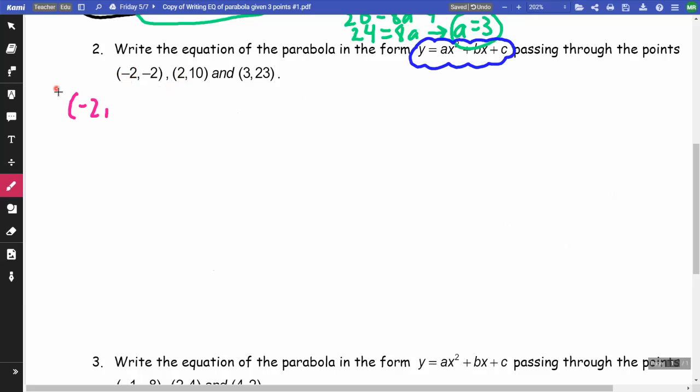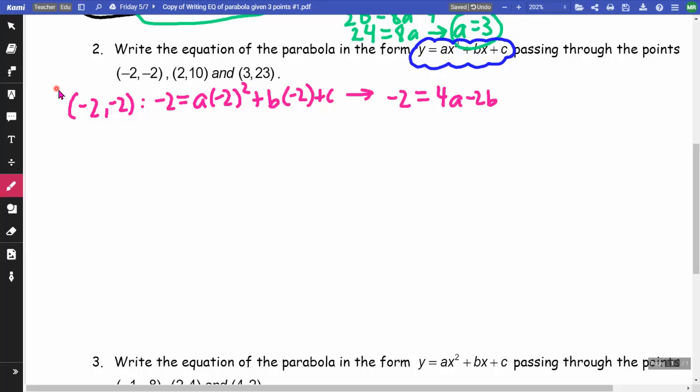So negative 2 comma negative 2 is going to give me negative 2 is equal to A times negative 2 squared plus B times negative 2 plus C, which I can clean up to negative 2 is equal to 4A minus 2B plus C. And now I'm going to use this 2 comma 10.